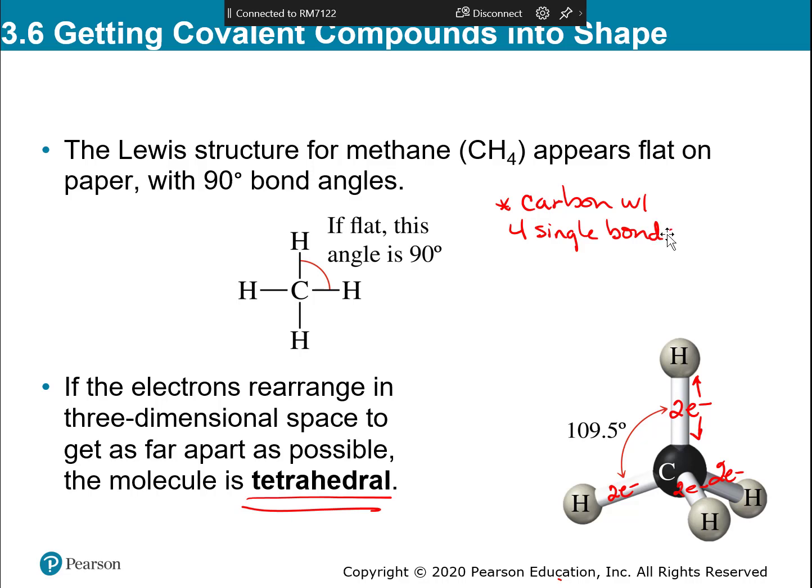It does not matter what is attached to the carbon. It could be a carbon with 4 hydrogens, or 4 chlorines, or 4 bromines. If it's 4 single bonds, no matter what, it will always look like this. It's always a tetrahedral. Not a lot of times you can say that in life.